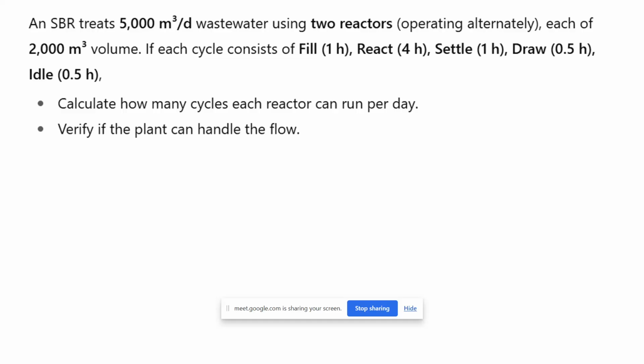We are given some arbitrary flow rate in the question, and we have to check if our tank is able to handle that much flow rate. Our tank capacity is this much only. Based on the cycle time and your volume, you have calculated the capacity of the tank, so that you can compare with the given flow.